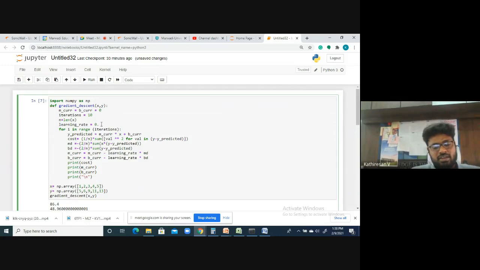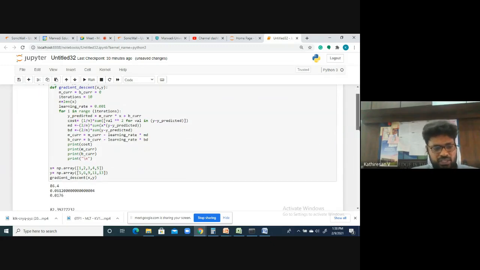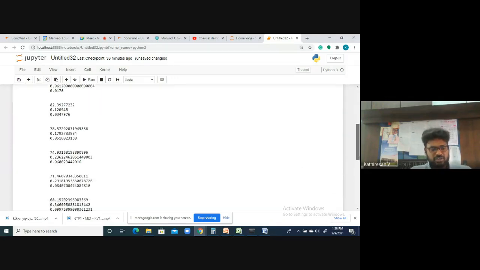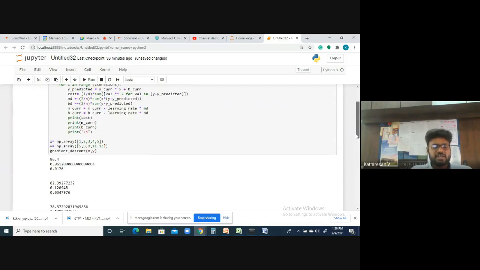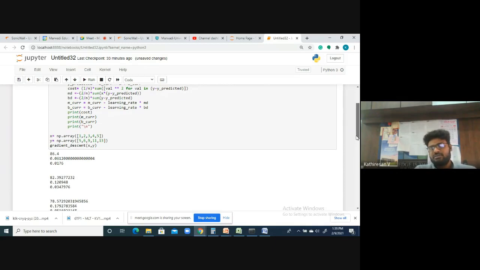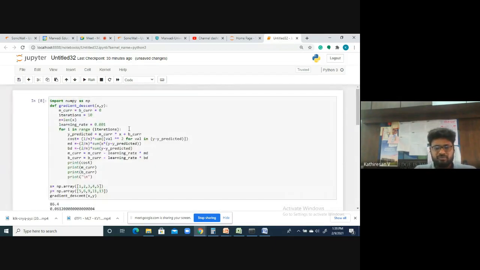Now I'm putting 0.001 instead, reducing it. Now see, it is reducing: 86, 82, 78, 74, 71. See, it is taking a longer step. So if you go this way, you may miss the global minima. I'm ending up with 0.001.